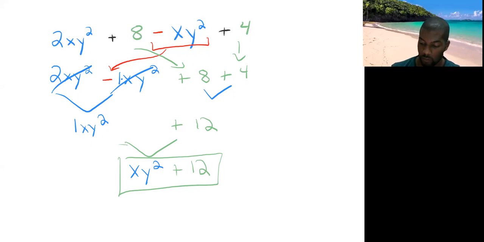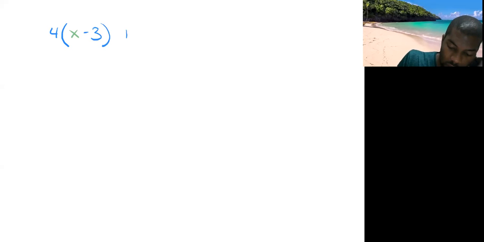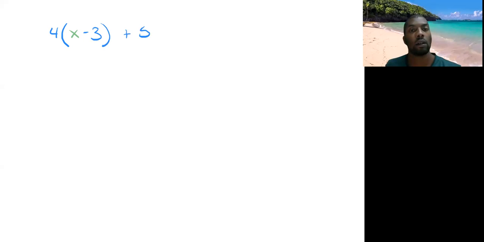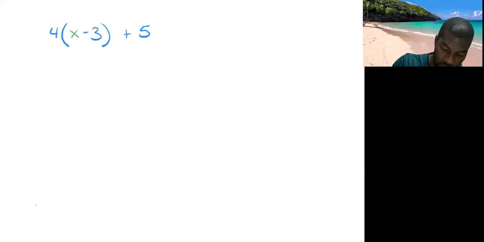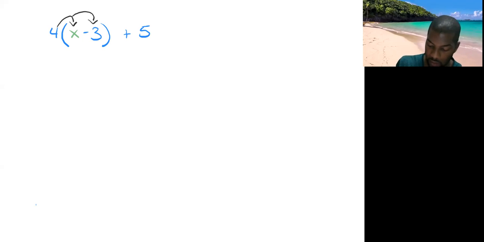Shall we try another one? All right, let's go with a nice easy one. Here we go. If I have 4 times x minus 3 plus 5. Well, I need to simplify this, so I'm going to try to use the distributive property to do this. 4 times x, and then 4 times this negative 3.